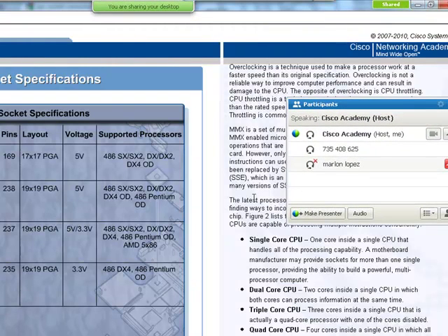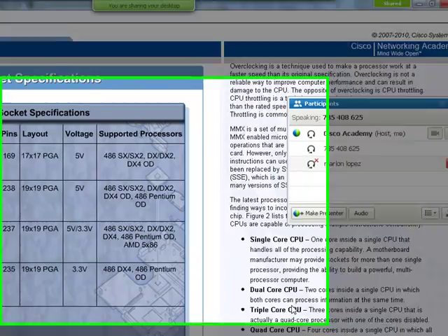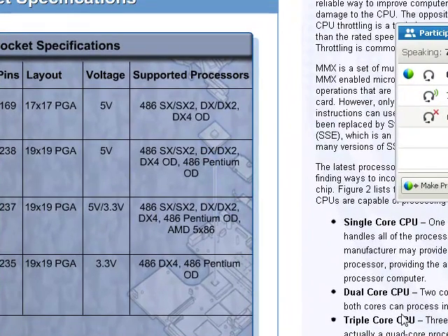Look guys, CPU stands for Central Processing Unit, right, Marlon? GPU stands for Graphical Processing Unit. Some GPUs already have more than 100 cores.